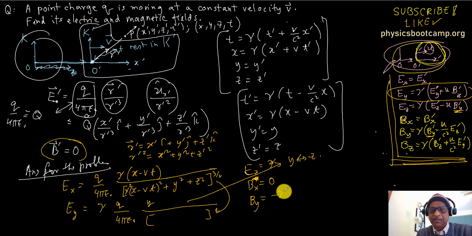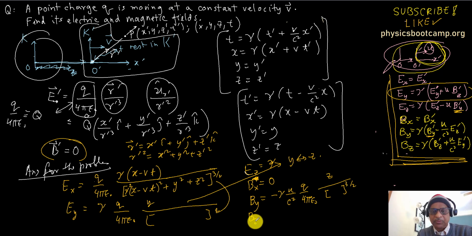It's going to be minus gamma v over c square Ez prime, and Ez prime is just this: q over 4 pi epsilon naught, and then you have z over this whole denominator to the 3/2.